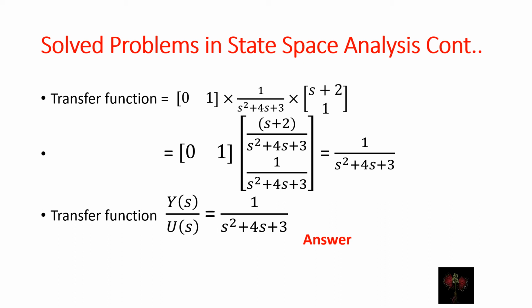If you further simplify this equation, we get the final value as 1 divided by s square plus 4s plus 3. This is the required transfer function. The transfer function y of s by u of s for the given state equation is 1 divided by s square plus 4s plus 3.